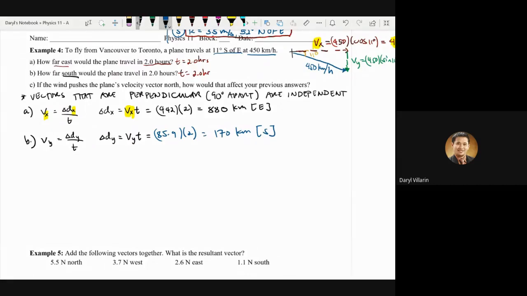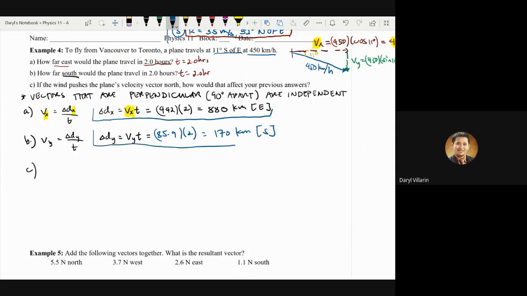So for letter C, if the wind pushes the plane's velocity vector north, how would that affect your previous answers? Do you think this one is affected, and also this one, or neither of the two is affected, or only one is affected?